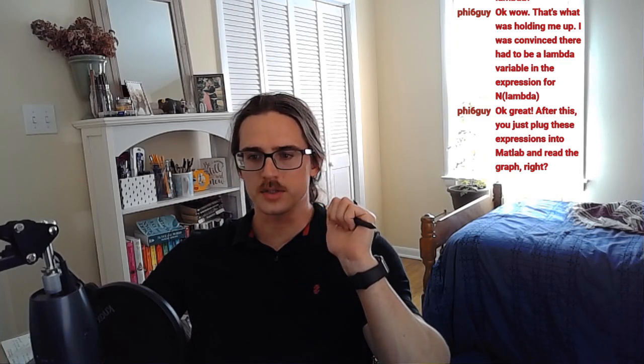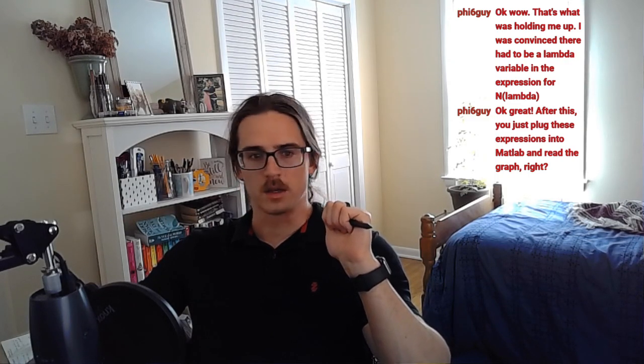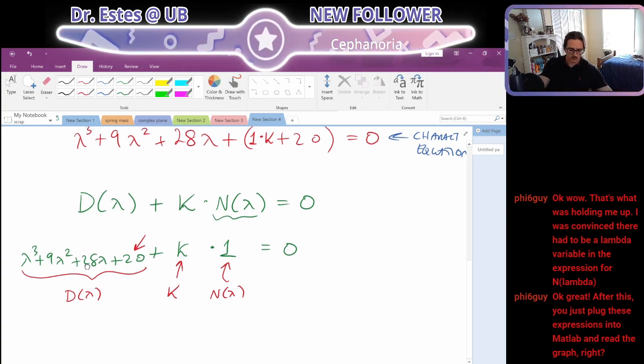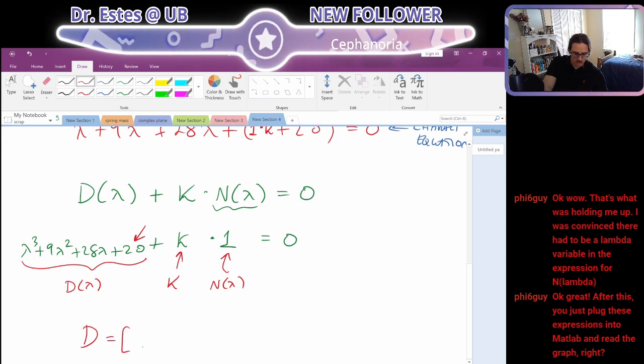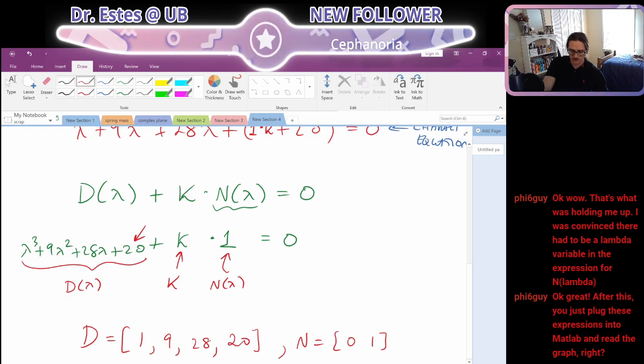Okay, great. After this, you just plug these expressions into MATLAB and read the graph. So in MATLAB, this one would be 1, 9, 28, 20, for lambda cubed, lambda squared, lambda. And then n would be, I think you might have to do this, or maybe you could just put 1.